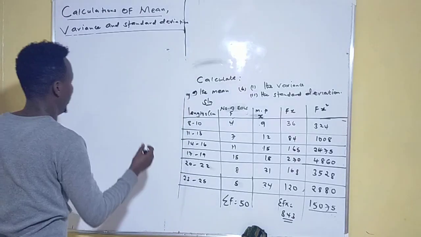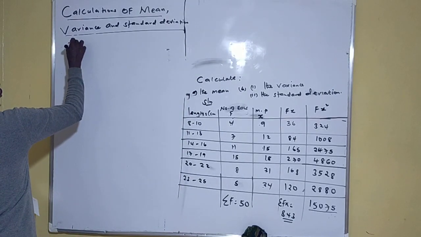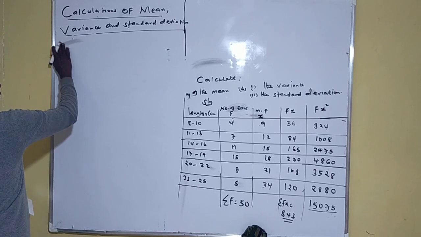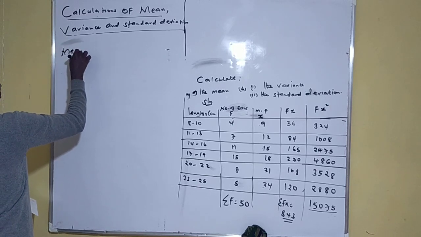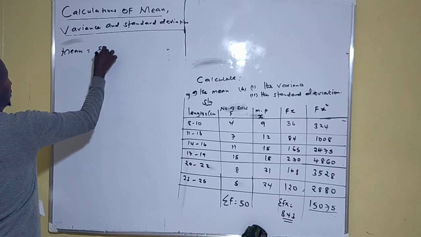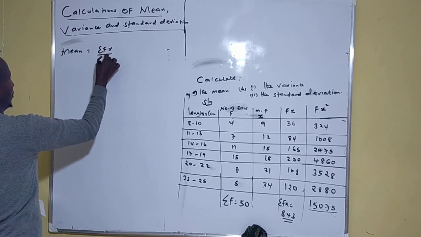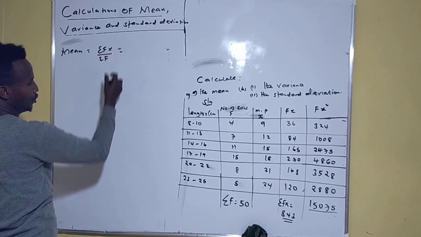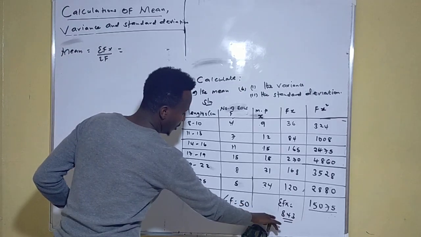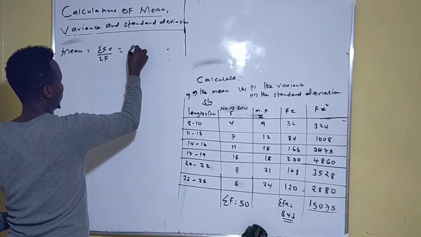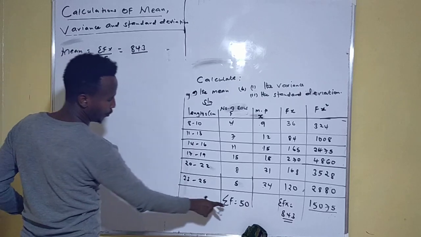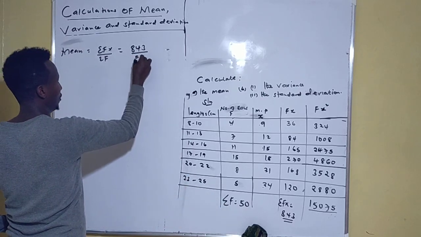Now we are told to find the mean. Solution: mean is equal to sum of fx over sum of f. In this situation, sum of fx is 843, divided by sum of f, which is 50.